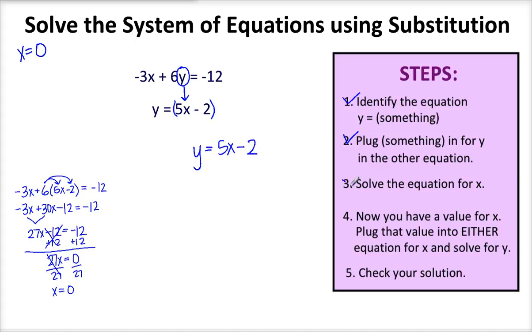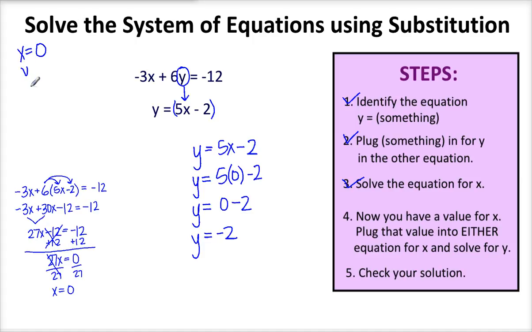By the way, we just solved for x, right? Okay, so now we're going to plug in this value for x that we found back into our equation. So remember, substitute it in with parentheses. And we get y equals 5 times 0 is 0, minus 2. Simplify that and we get y equals -2.